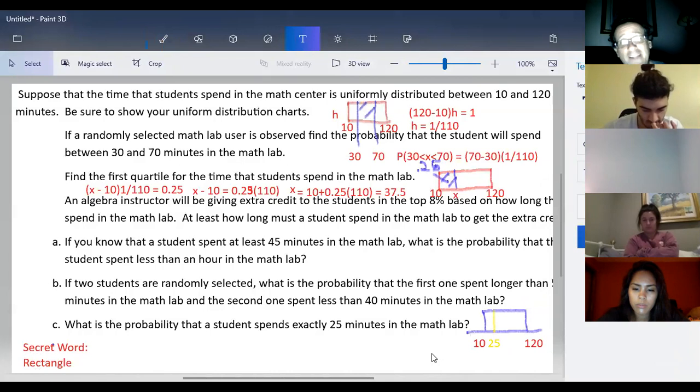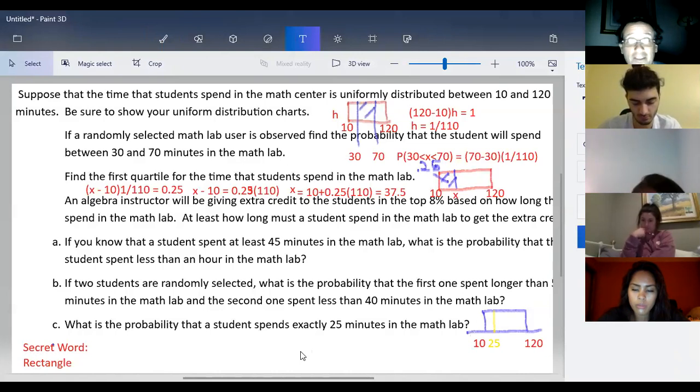What's the base of that rectangle that I just drew? The yellow rectangle. 1 or 0? It's 0. Because if the left-hand side is 25 and the right-hand side is 25, you do right minus left, 25 minus 25.